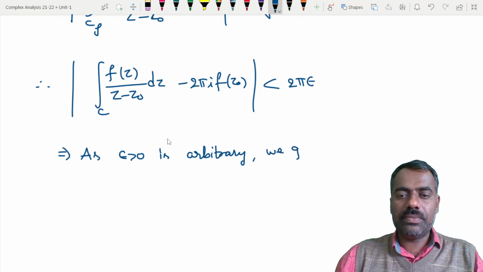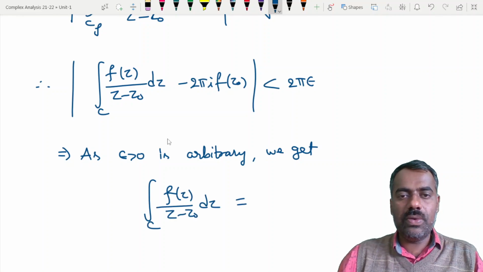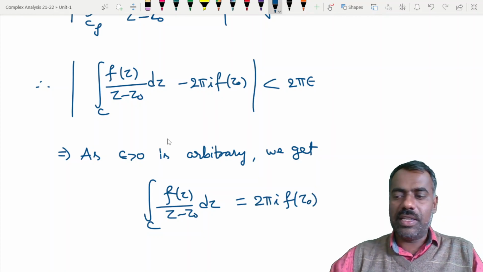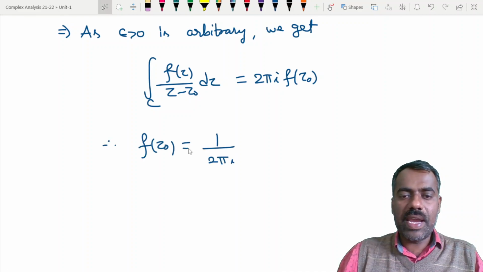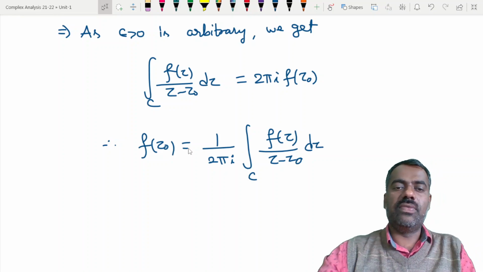So we get the integration of f of z upon z minus z naught dz over C is equal to 2 pi I times f of z naught. That is the same as, therefore f of z naught is 1 by 2 pi I times integration of f of z over z minus z naught dz over C, that proves the Cauchy integral formula.